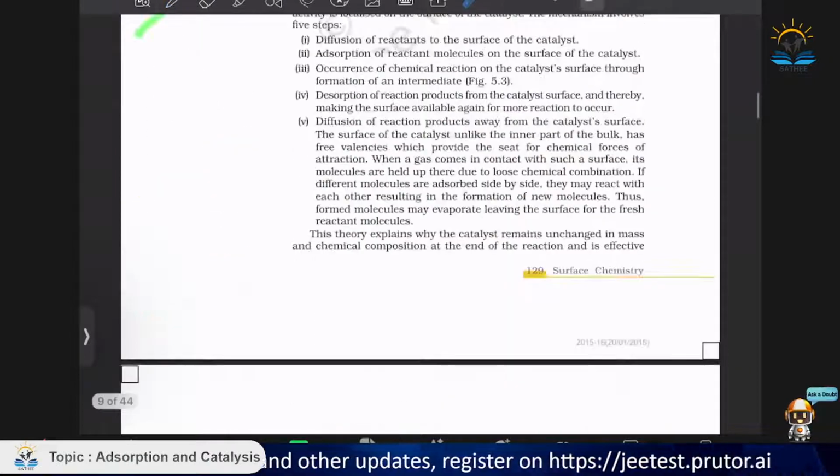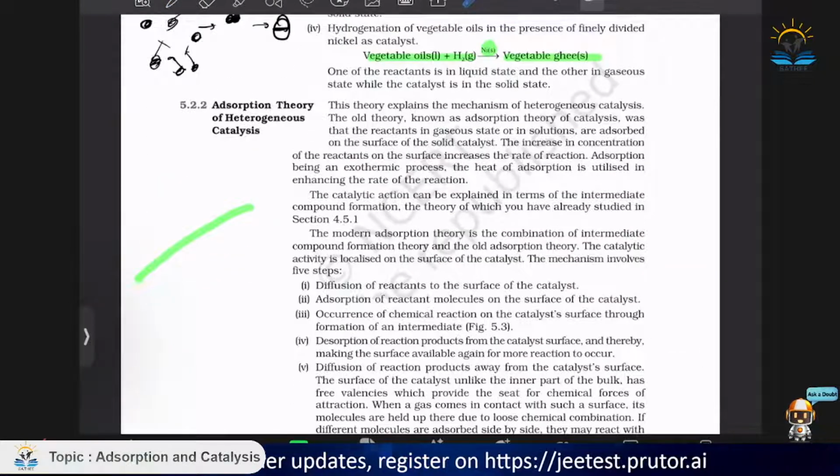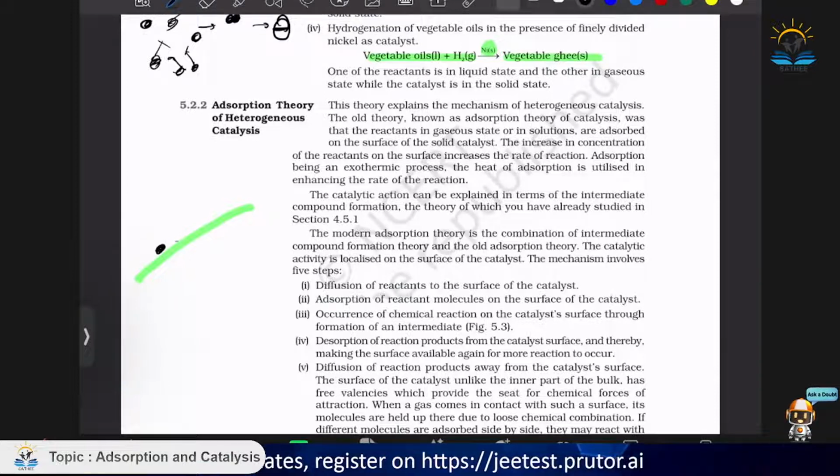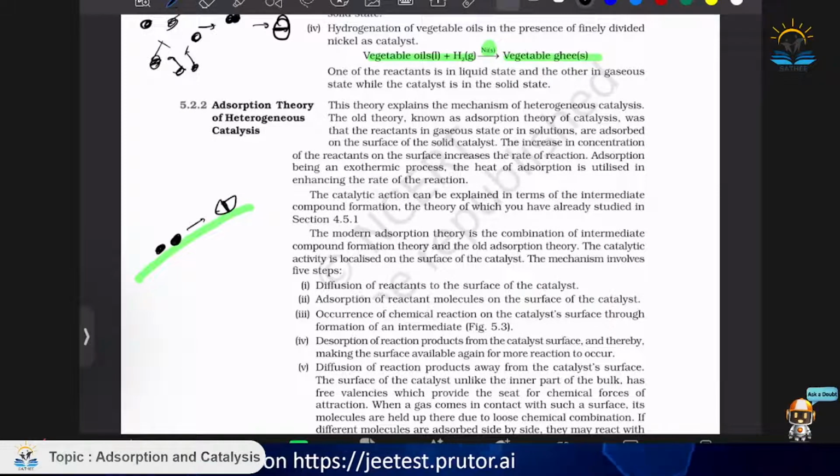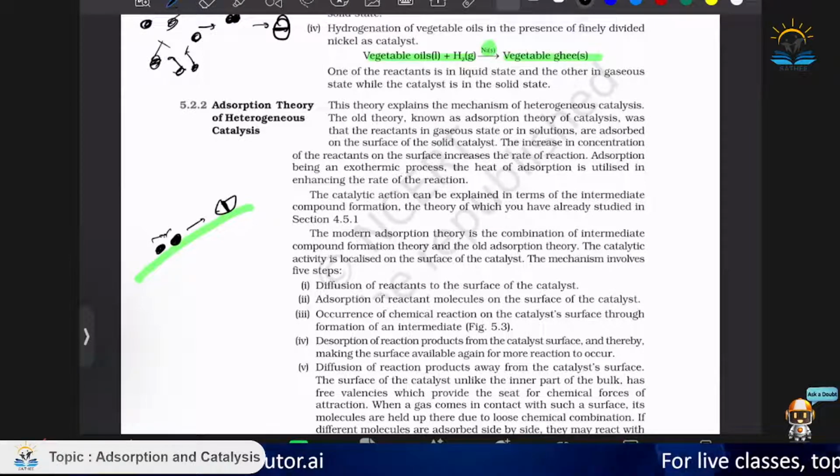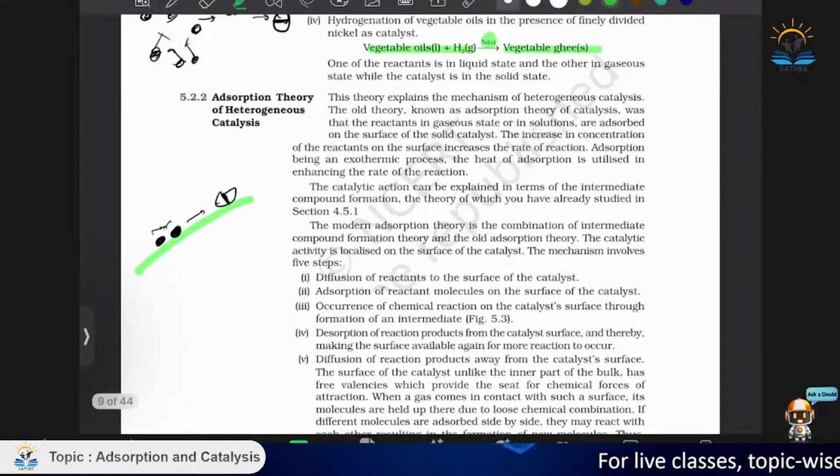But here they are getting adsorbed on the surface and instantly turning into product because they are being brought together by virtue of the surface of the catalyst. So yeah, let's see the mechanism.